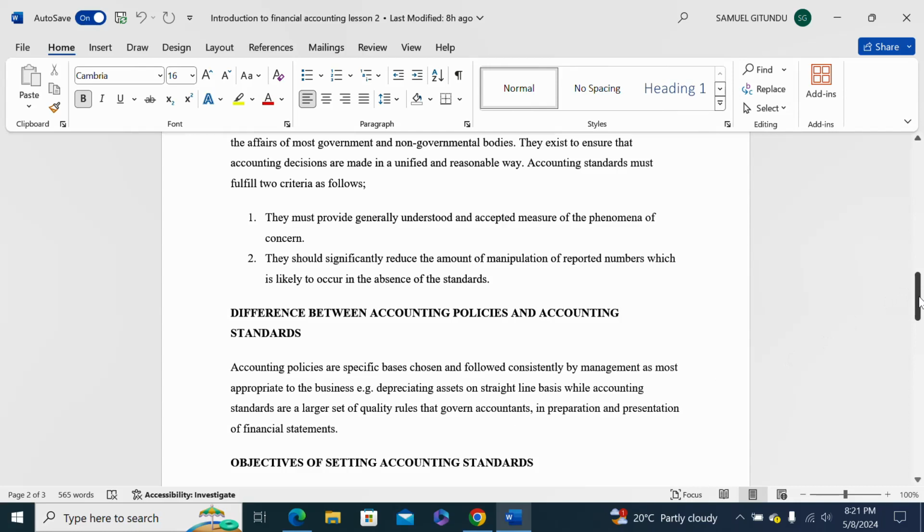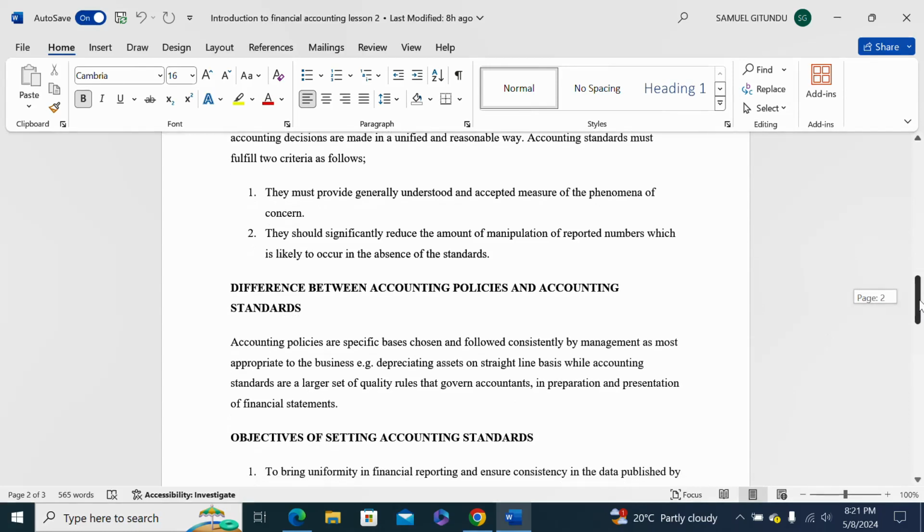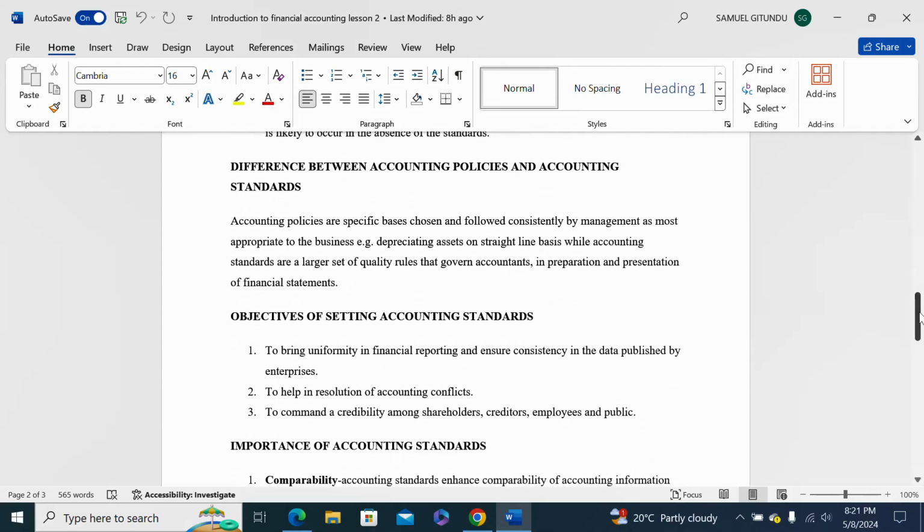Then we go to the next objective, where we are going to understand the objective of setting accounting standards. Why do those bodies which set the accounting standards set them?